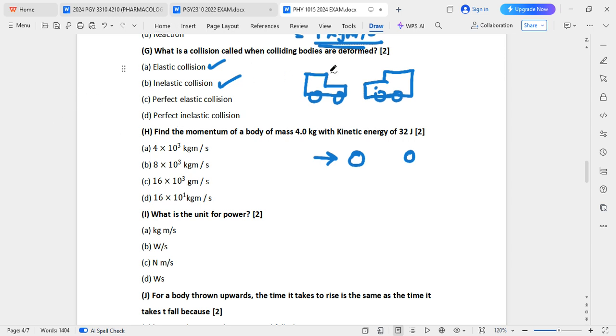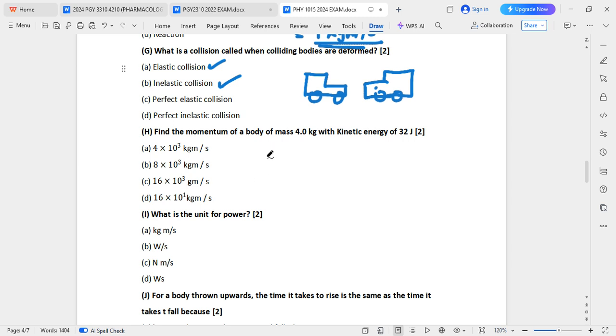Number H, find the momentum of a body of mass 4 kg with kinetic energy of 32. Now for this one, I can use different formulas to calculate the same answer.